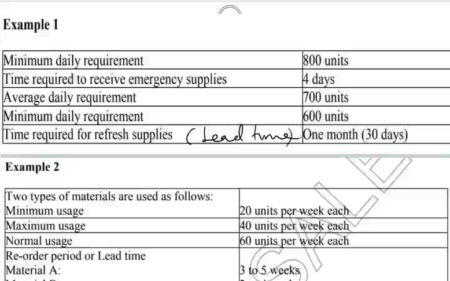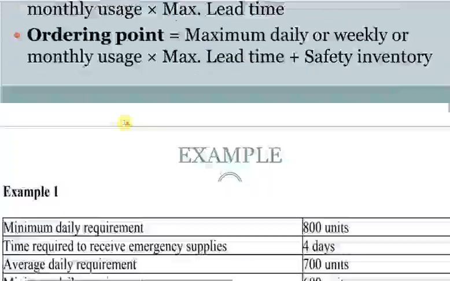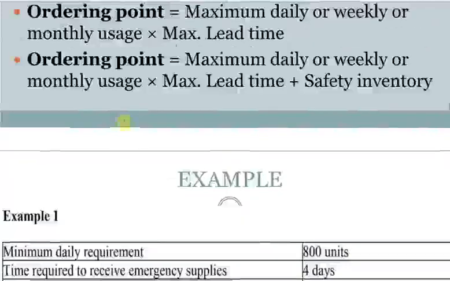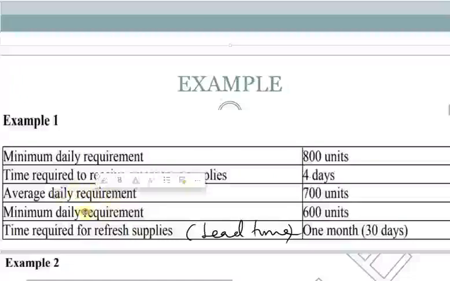So we have seen the formula saying maximum daily usage. So let us go look at the maximum daily usage. They have only given us average daily usage and minimum requirement.